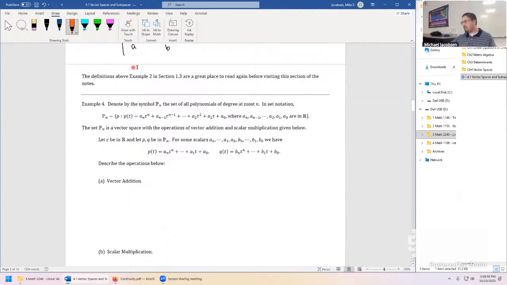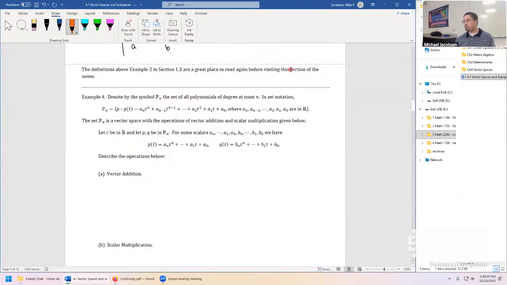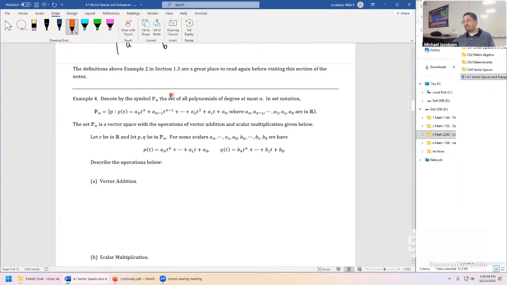Now, I said here, take a look at section 1.3 before looking into this example, but we kind of already peeked at that. That was the vectors in Rn. Here's another interesting vector space. But what's kind of weird about this one is it's the set of all polynomials, yet polynomials are pretty nice functions. We know that they're continuous on the entire real number line, that they're differentiable infinitely many times.